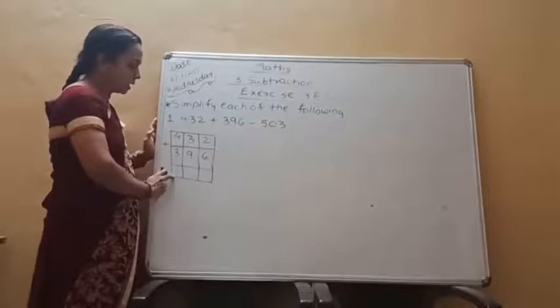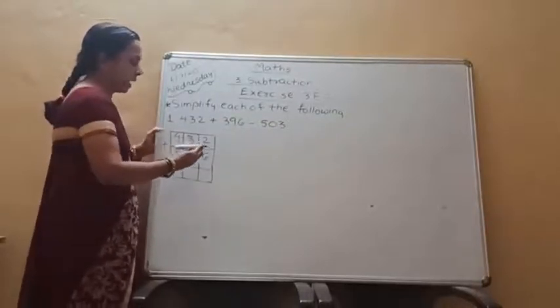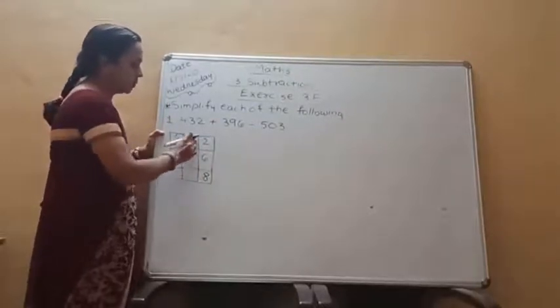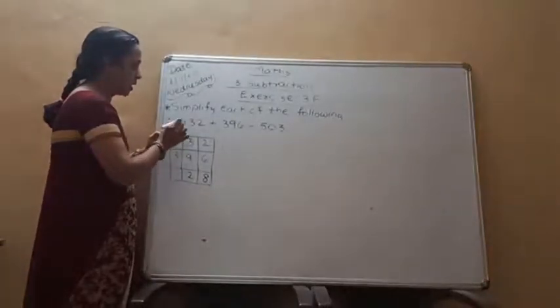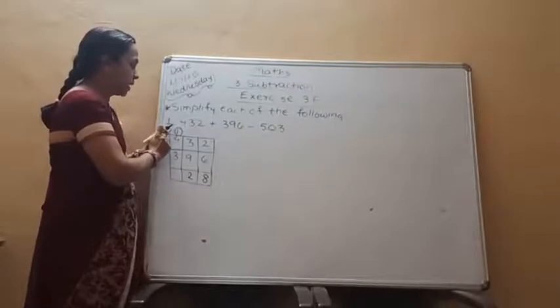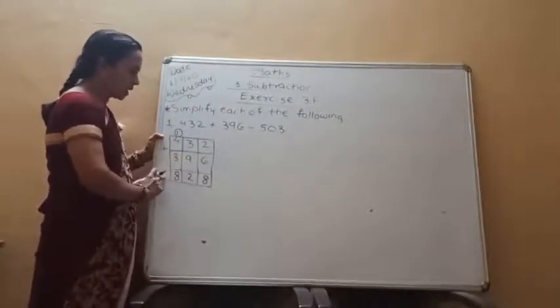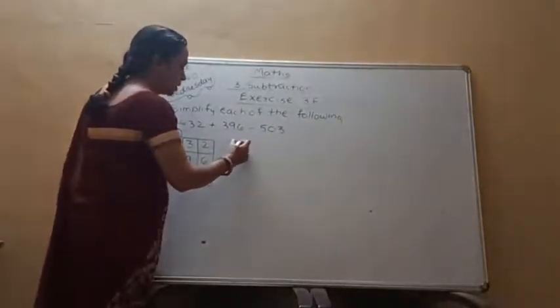So like this you will write in your notebook. So do this addition. 6 plus 2, 8. 9 plus 3, 12. Carry 1. Write down the carry in the circle. 4 plus 1, 5. 5 plus 3, 8. So what is the answer? 828.